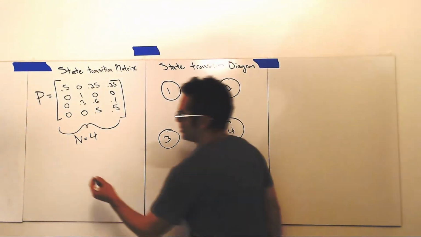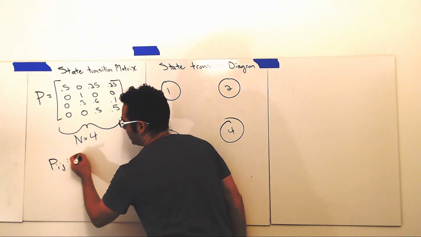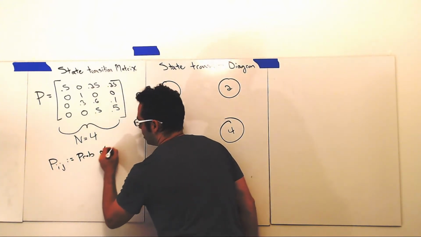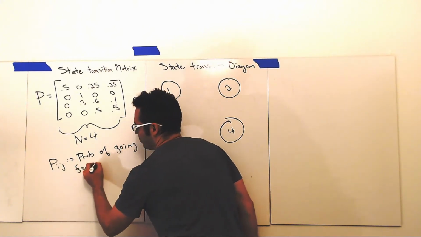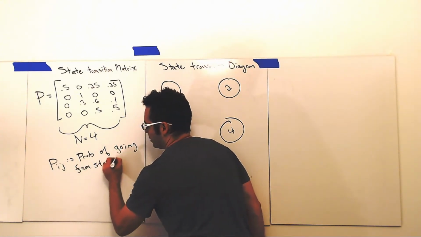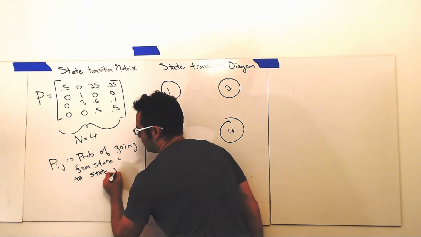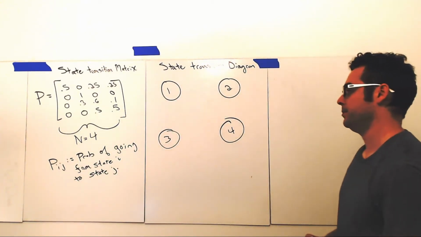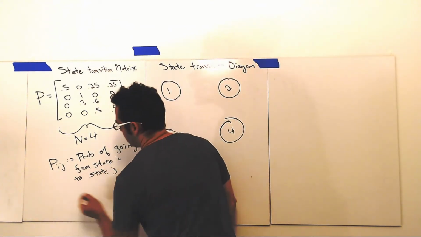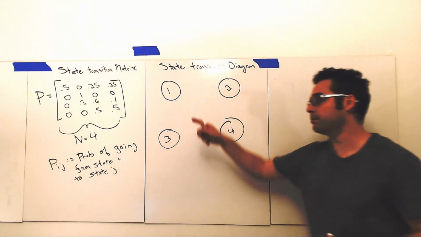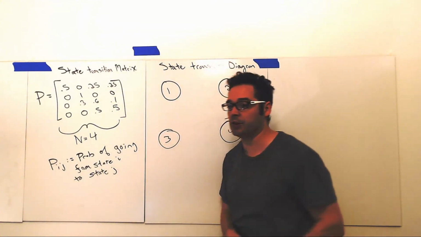For this case, every Pij corresponds to the probability of going from state i to state j in one step. And actually, that's the important part here. This is a single step transition matrix, but by default, we just call it the state transition matrix.